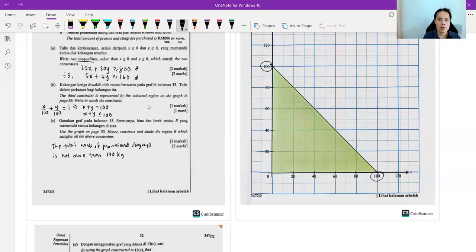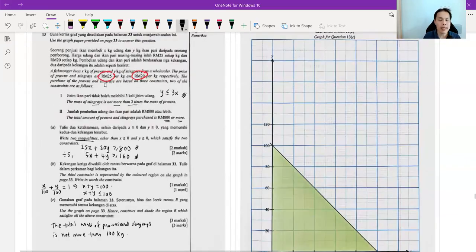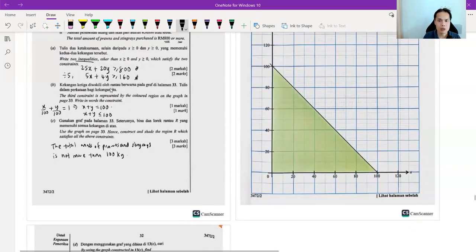Okay, C, we are supposed to construct and shade the region R that satisfies all three constraints. Well, the third constraint we already have. The first two, we need to draw the straight line. Remember the first constraint I've got is y less than or equal to 3x. For y equals 3x, if I use a table of values, we put x equals 0, y equals 0.